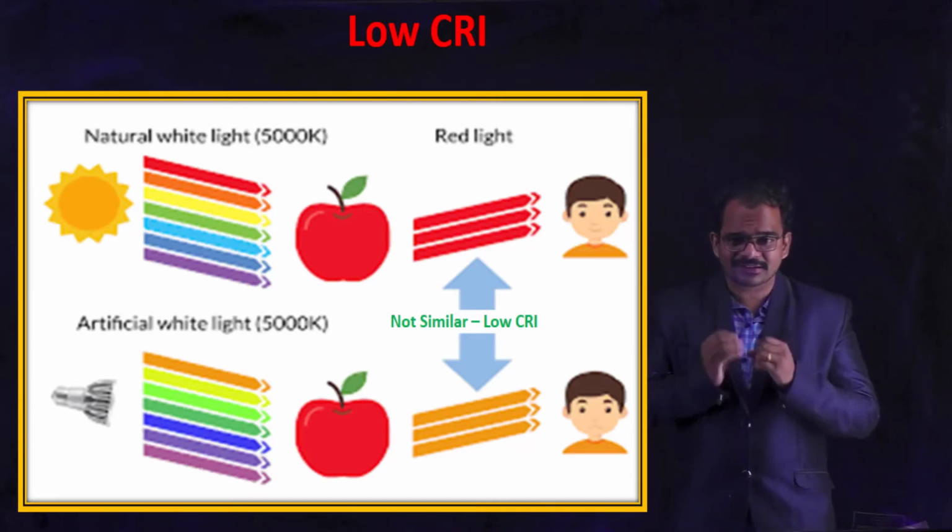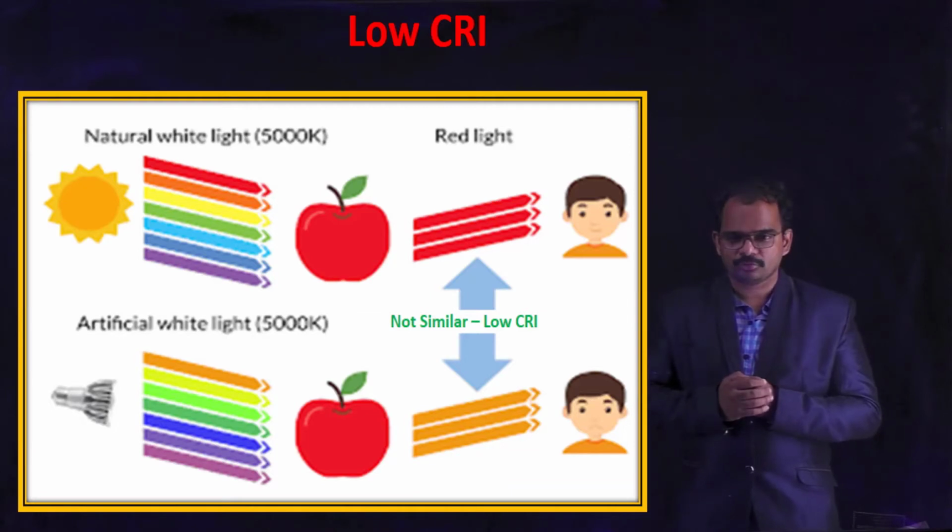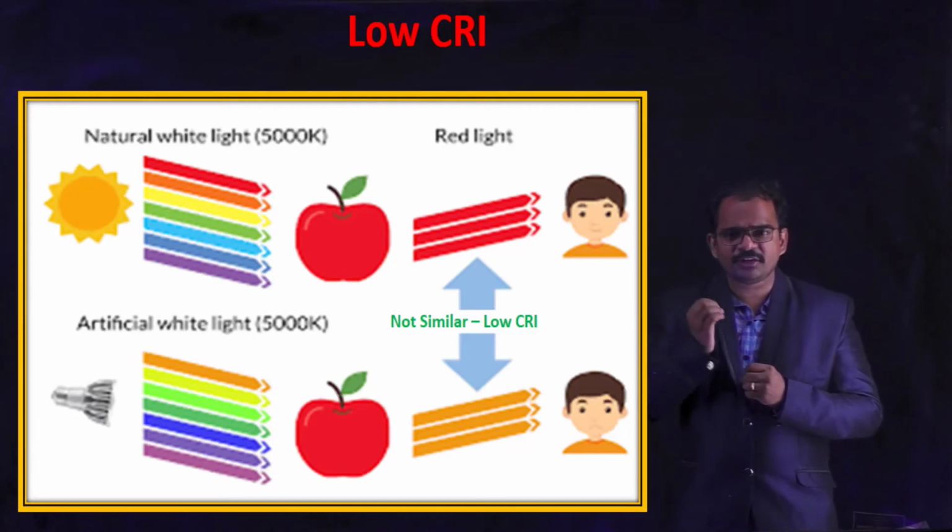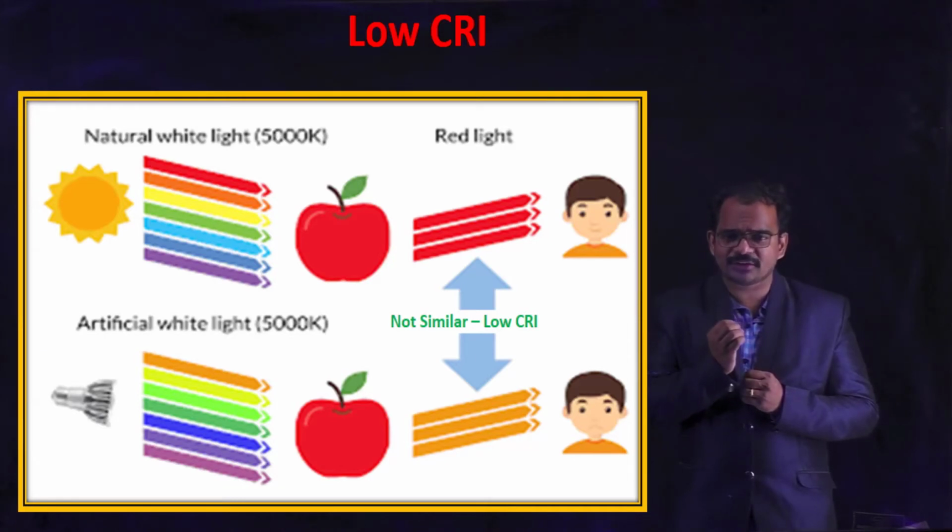It's not red, it's orange. What do you mean by that? This light source is not faithfully reproducing the actual color of the apple, that is red. Instead, it is giving another color, that is orange.